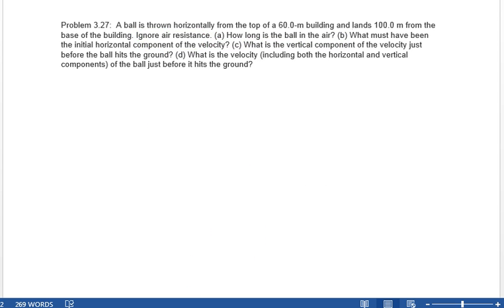All right, so what's going on in Y? What's the equation for Y? It's 1/2 a t squared, plus v naught y t, plus y naught. Now when we start the problem, what is y naught?